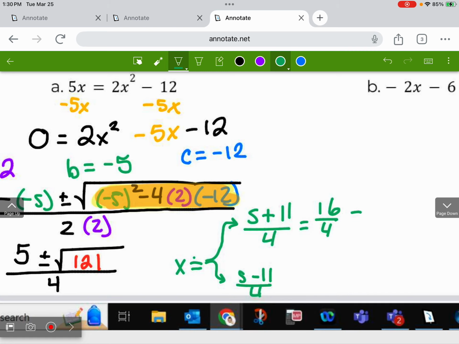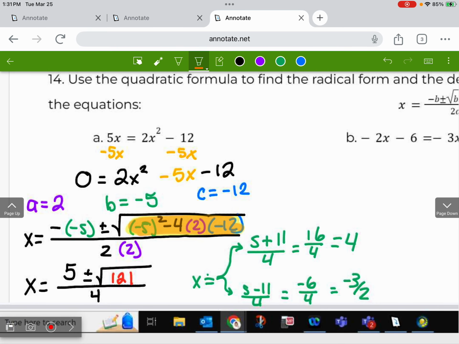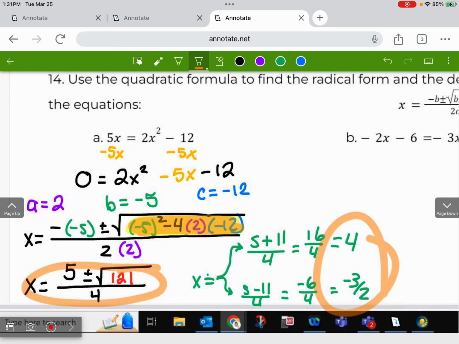And 16 over 4 is 4. 5 minus 11, that gives us a negative 6 over 4, which is going to be fractiony, so it's negative 3/2 or minus 1.5. That is also fine for our decimal form. Okay, so when we ask you for both the radical form and the decimal form, this guy was our radical form, these guys are our decimal forms.